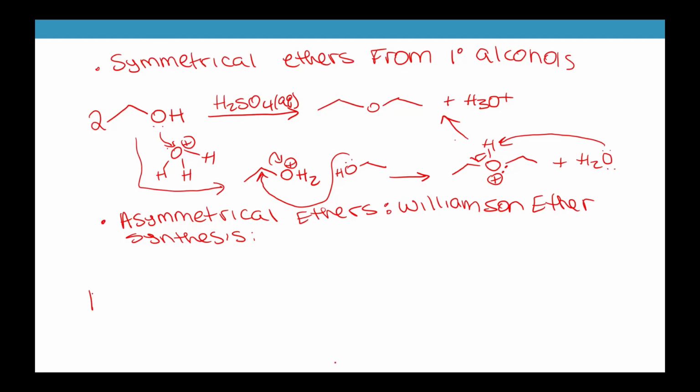So we have an alcohol, usually the bulky alcohol, or one that does not have an unhindered carbon. Actually, let me do cyclohexanol here. And NaH. That's the preferred base because it's going to give us a really good equilibrium. So we get a high concentration of our alkoxide.